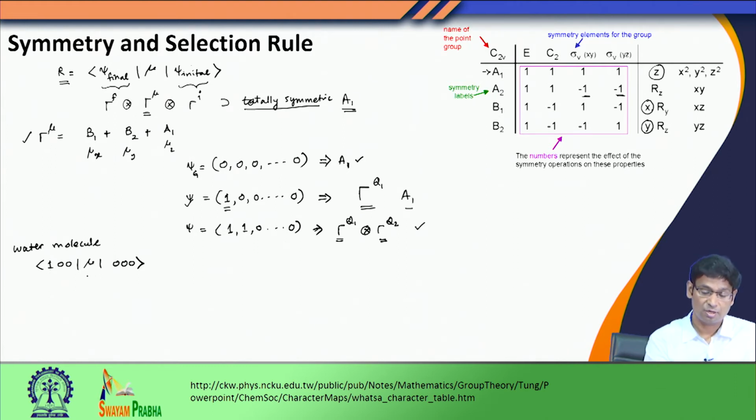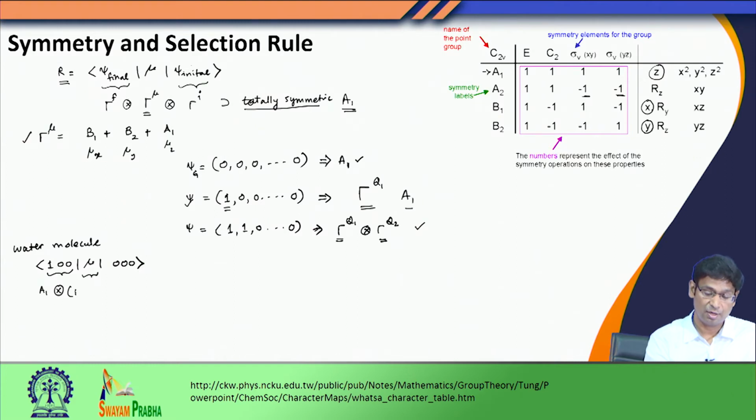Let us find out the symmetry of this final state. It is excited only along the symmetric stretching Q1 mode, whose symmetry is A1. So, A1 raised to the power 1, which is simply A1, multiplied by the dipole moment operator.